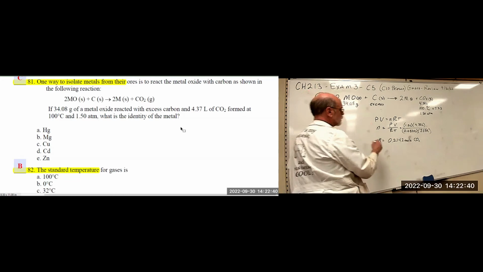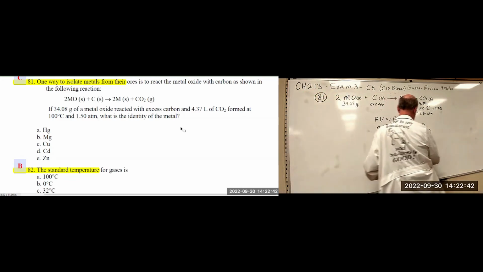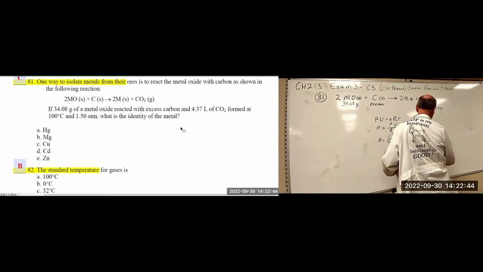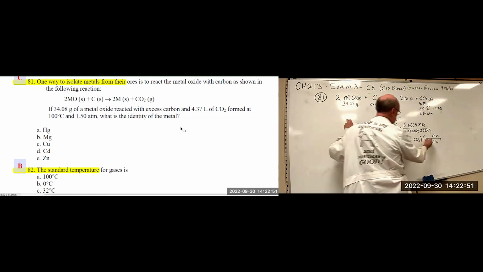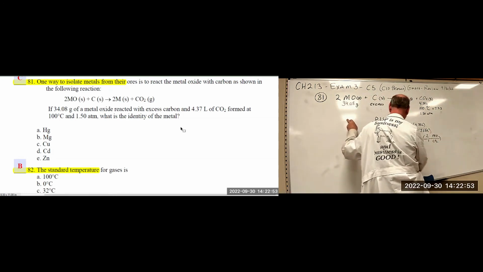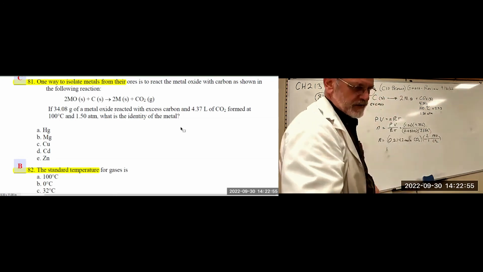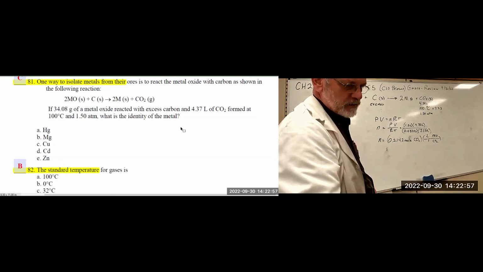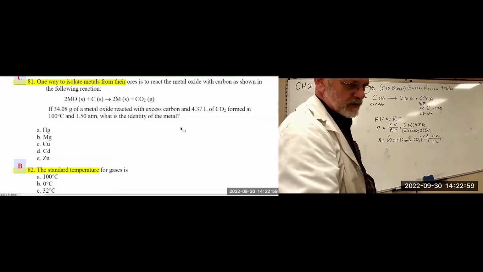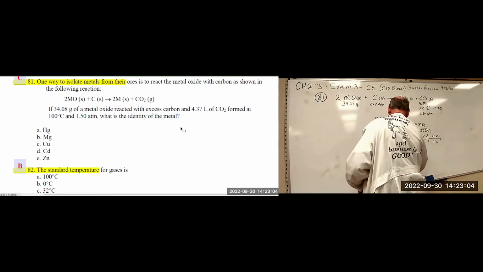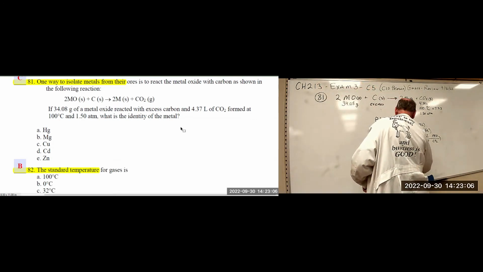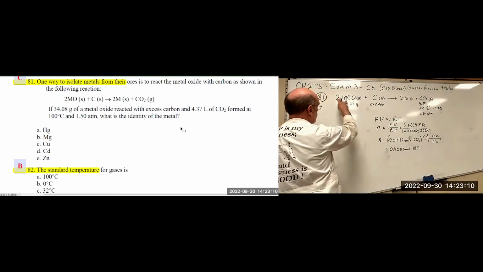It's 2 to 1. MO. So this is 1, that's 2. So 2 times that value is the number of moles. 2 times 0.2142, 0.4283 moles of MO. So we can find out the molar mass of that thing.